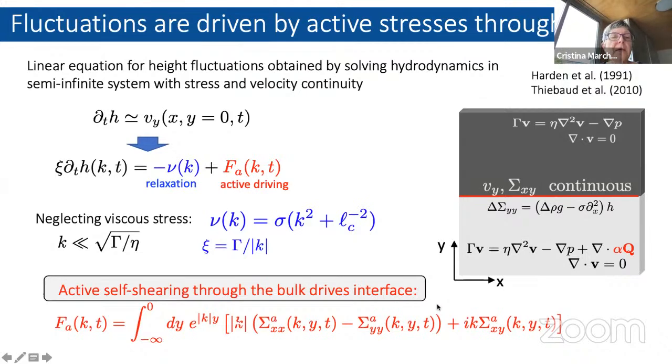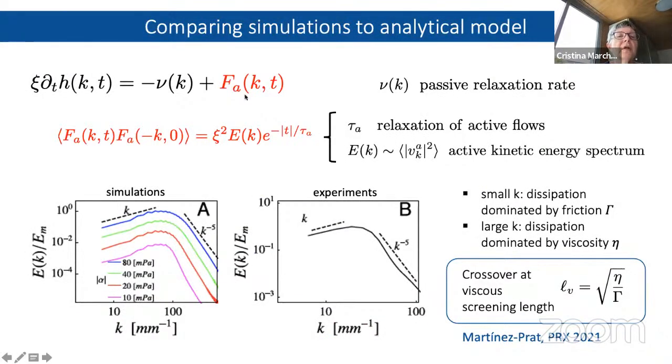We then make a very simple model for the correlation of these active stresses, and we assume that it decays exponentially, and this model is suggested by numerical measurements of the spectrum of velocity fluctuations in the active fluid.